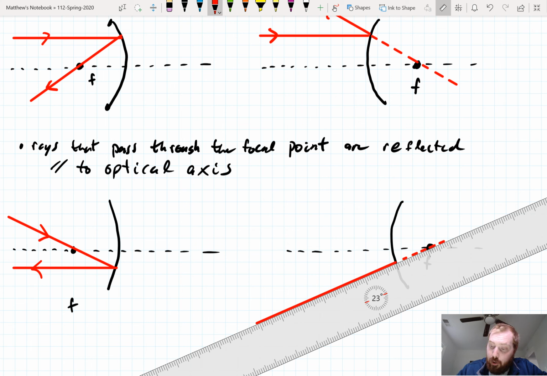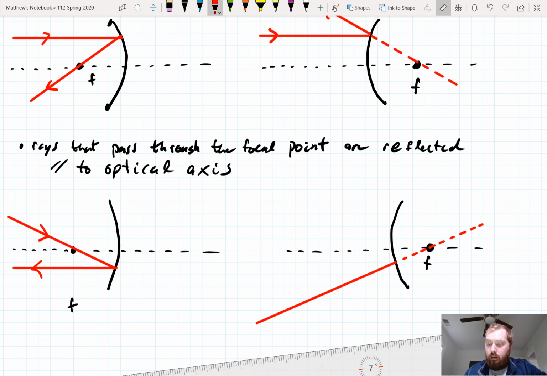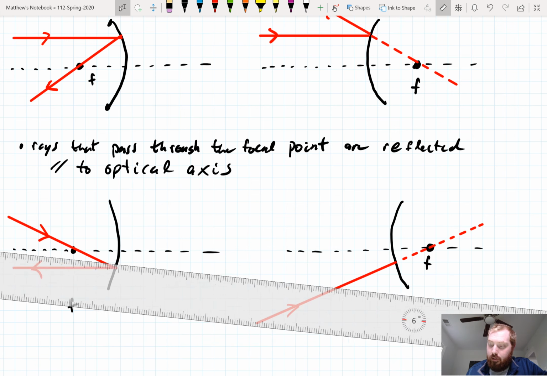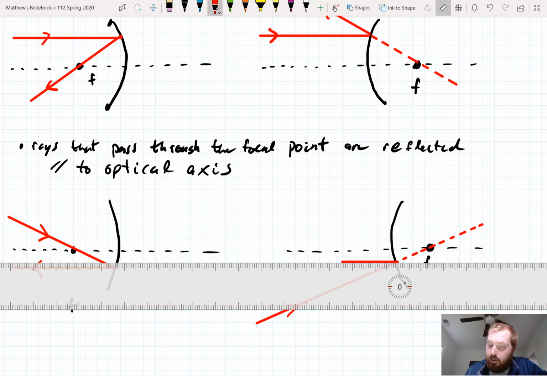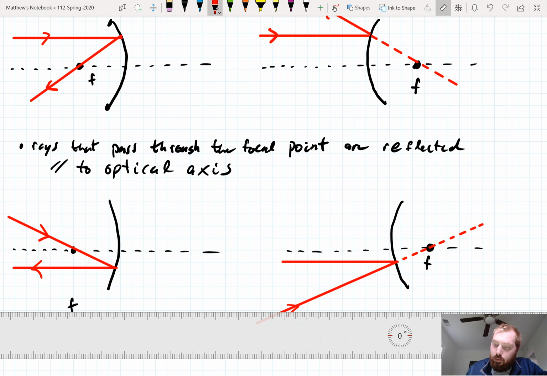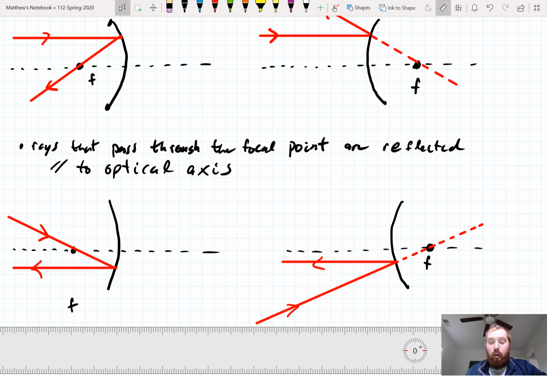But we can always do the projection. Dashed lines, projections. So here's my ray coming in. It's aimed at that focus. Well, then the reflected ray must come out nice and parallel. And there's my outgoing reflected ray.